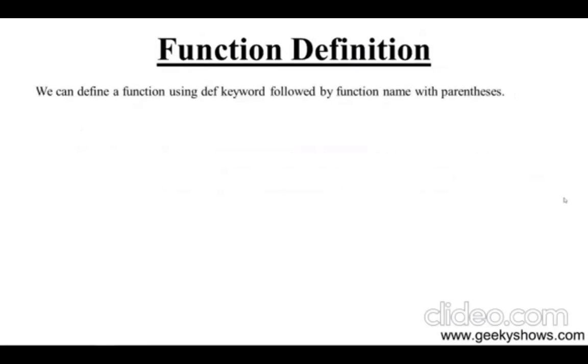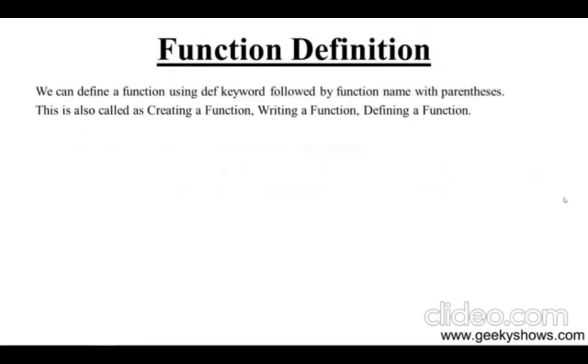Function definition. We can define a function using the def keyword, which is followed by a function name and the parentheses. This is also called creating a function, writing a function, or defining a function.